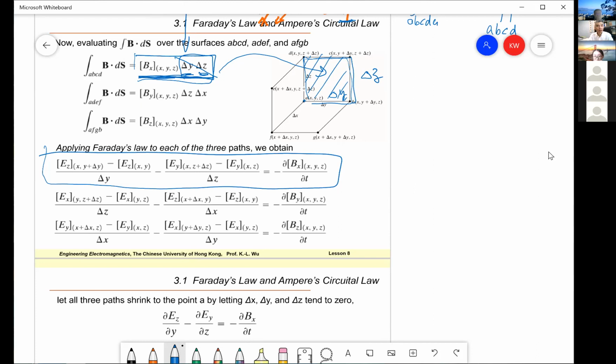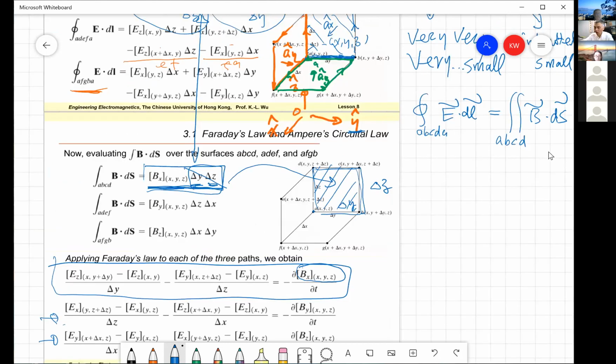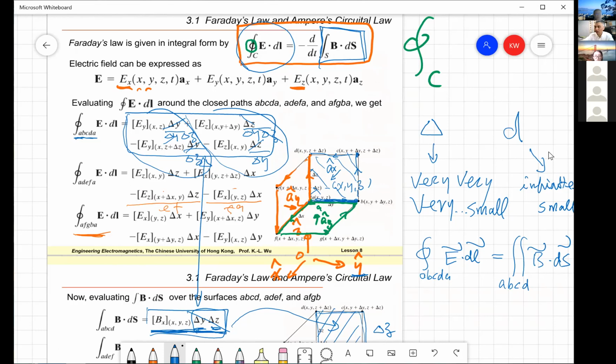Similarly, we have the second equation and the third equation. I won't repeat this. Then you see Y equals M. I have this surface integration, and don't forget we have the original equation of Faraday's law.